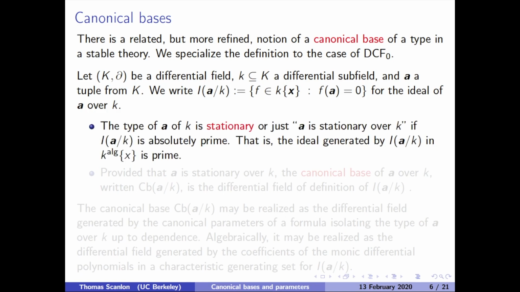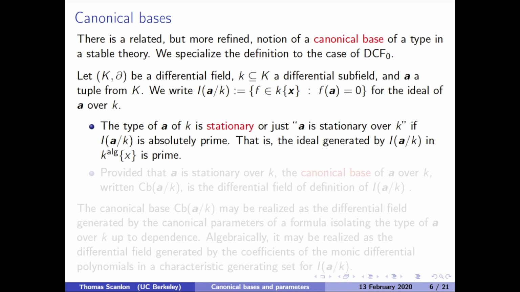First, I'll define the notion of stationarity, which, in this context, means that my tuple A is stationary over a given differential subfield if its ideal of differential polynomials which vanish on it is absolutely prime. Absolutely prime means that it stays prime even after you pass to the algebraic closure.